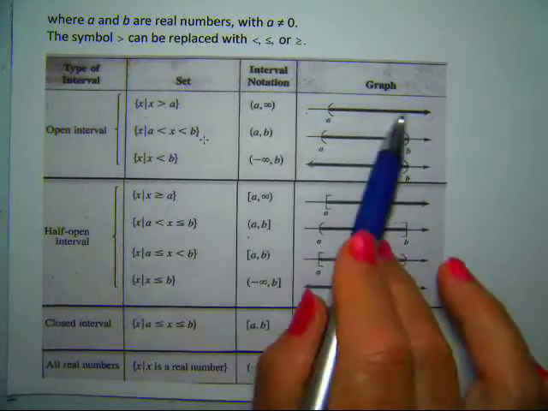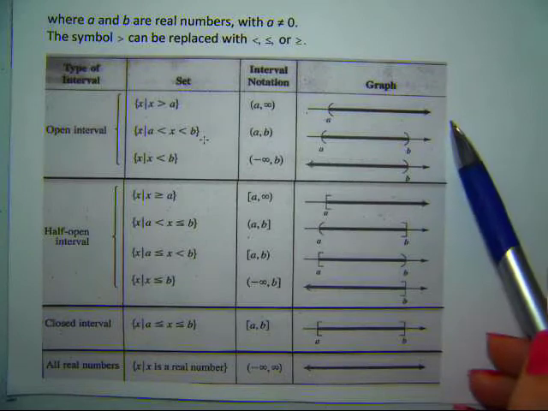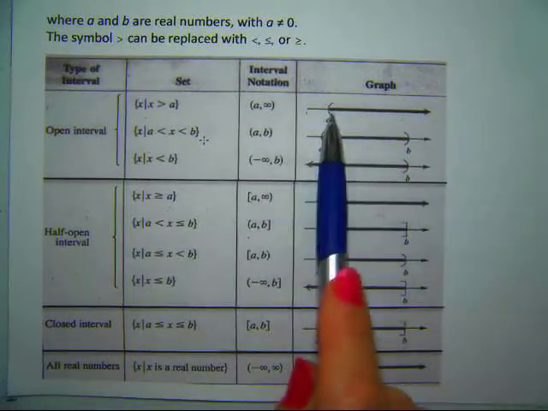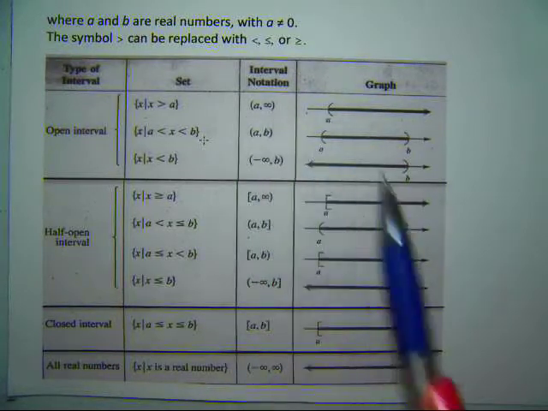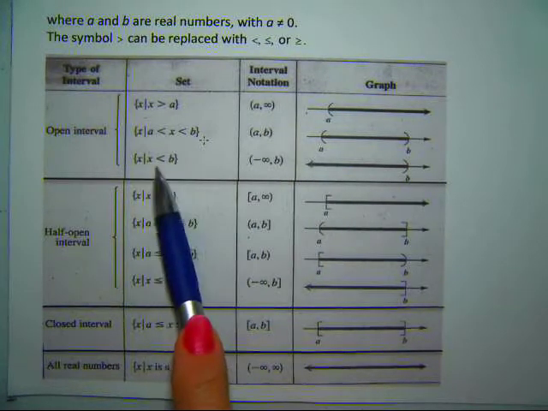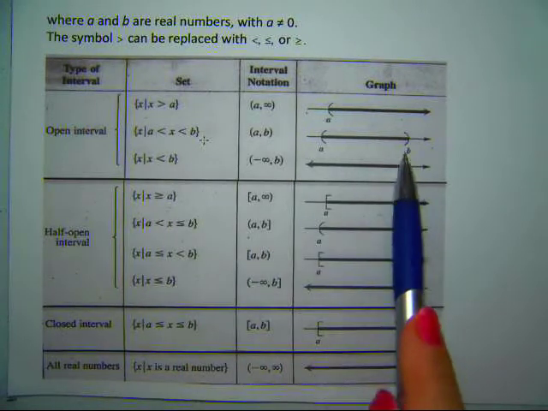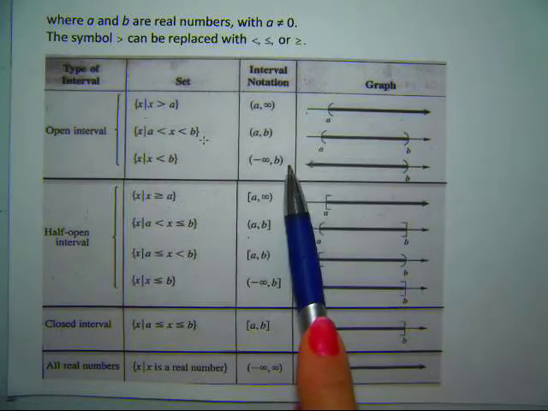Again, the number line goes left to negative infinity, to the right, positive infinity. So the order does matter. When x is greater than a, it's a to infinity. But here, x is less than b, so we go to b, we have the parenthesis facing the left-hand side, and we have all the values that are less than.